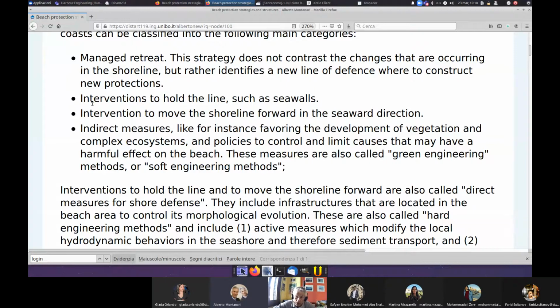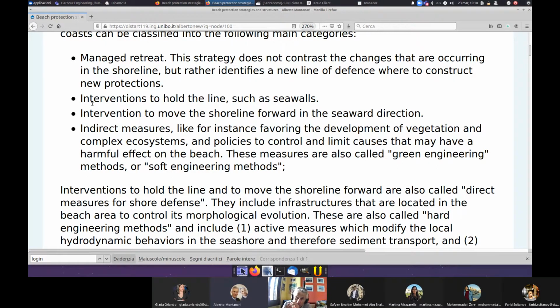And in particular, we are concerned when in the neighborhood of the harbor, like it happens in the Adriatic Sea, on the coast of Ravenna, there are beaches, because beaches, as we know, have a relevant societal value. They have a relevant function for the economy, for the wealth of the societal setting in general, for tourism, and therefore, usually, our problem is to protect them from erosion.